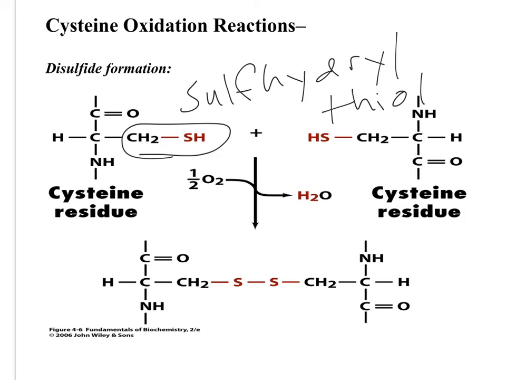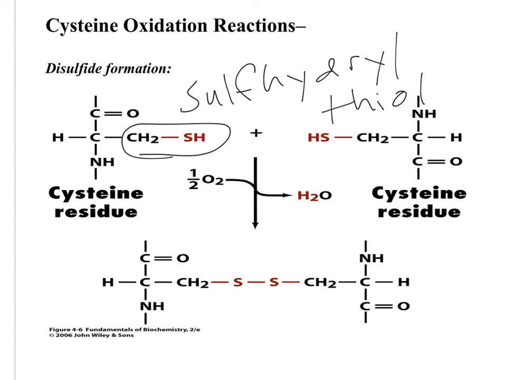I'll show you in a little bit when I go over glutathione, which is going to be another version of this type of chemistry. So you can see you've got half an oxygen, you get formation of water from these two hydrogens, and you get then this disulfide.